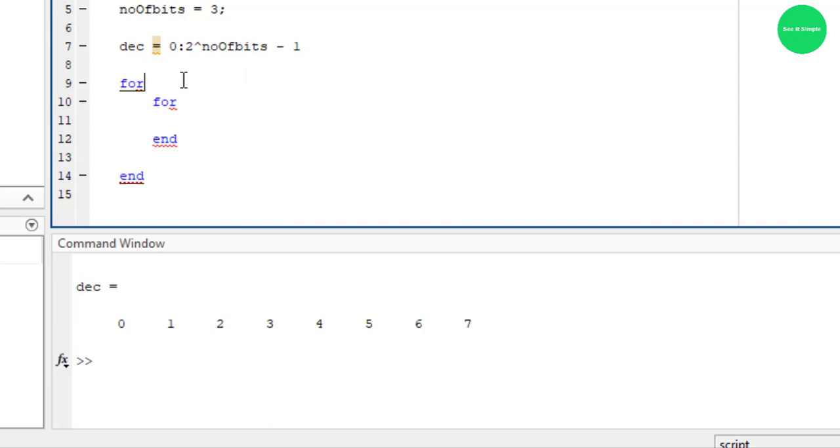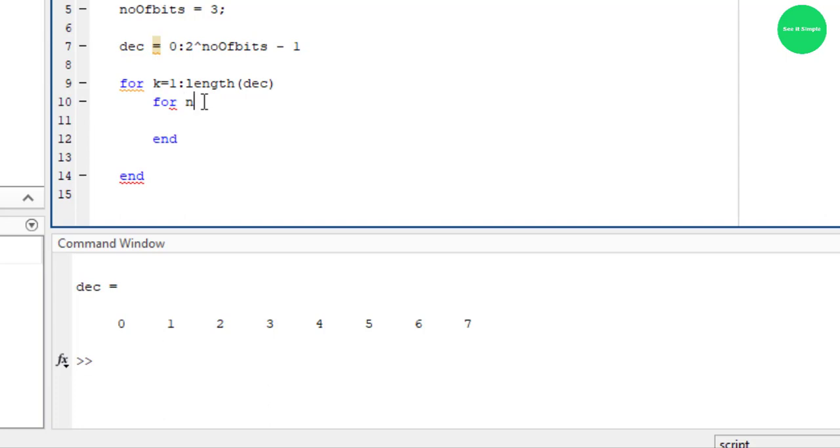First we take one decimal number, k equal to one decimal, and there are 3 bits, so we have to loop 3 times inside the loop.